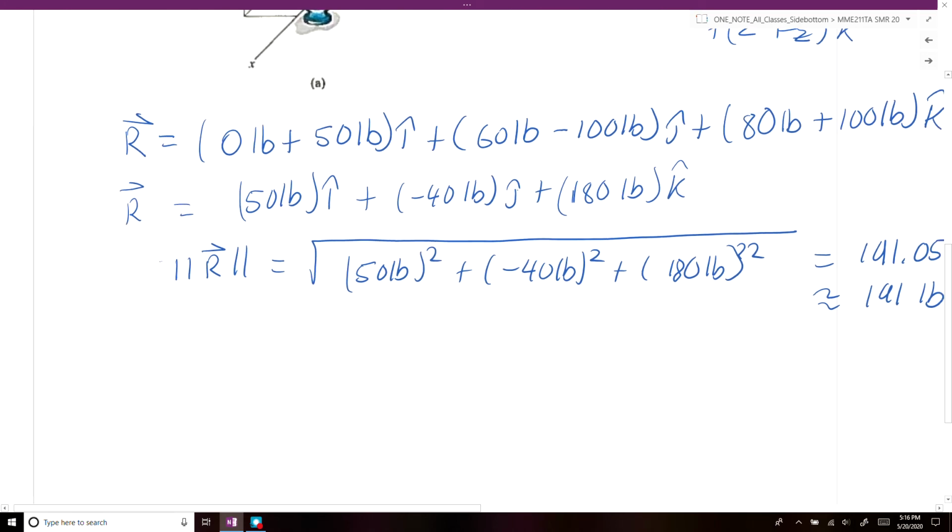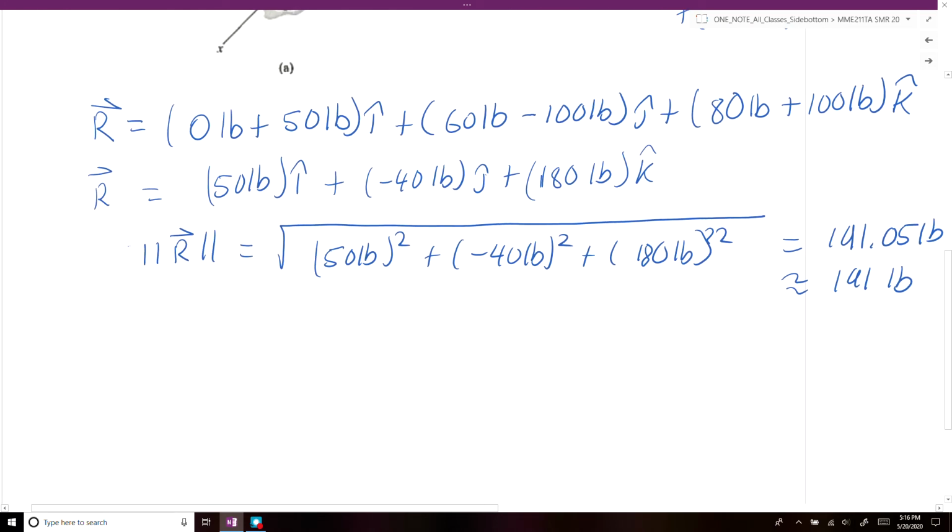All right. Then the second part of the problem is we were asked to determine the coordinate direction angles of our vector r. In order to find our coordinate direction angles alpha, beta, and gamma, we're first going to define the unit vector of r, u of r, which is defined as vector r divided by its magnitude.